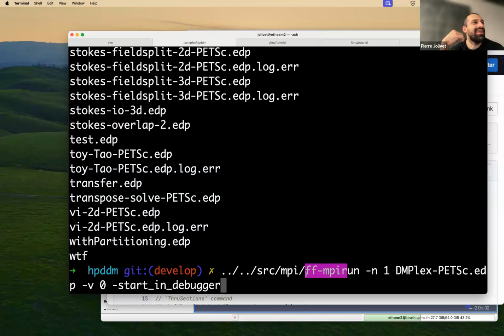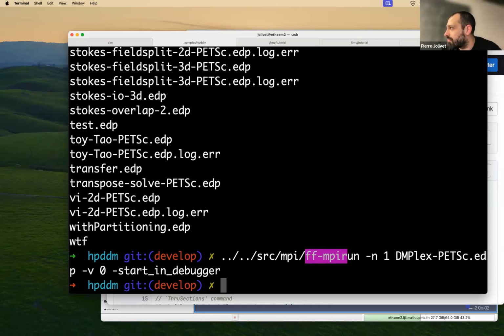Okay. So, no. No, but it's not a problem. I need to repair the plugin. So I need to fix the plugin. There is some change in some places of DMPlex, which makes things incompatible with what we did previously, and so it's okay.